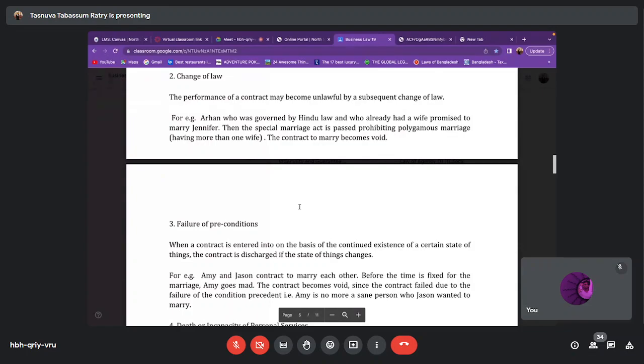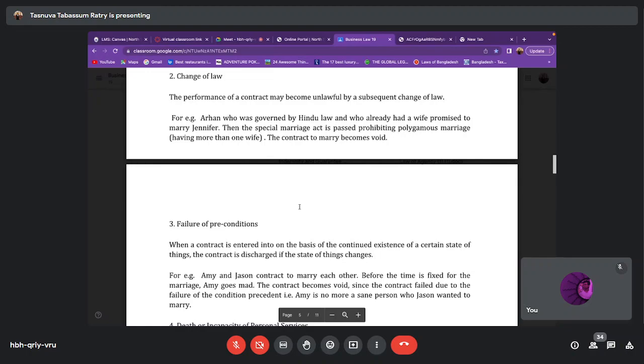the very next day a law came, saying that same-sex marriages are prohibited in India. So up to the moment when they agreed, when they promised to enter into the contract to marry, it was a lawful contract. However, due to a subsequent change of law, a new law under the Special Marriage Act was passed, stating that same-sex marriages are prohibited. So what will happen now? The contract formed between A and B will become void due to a subsequent change of law.